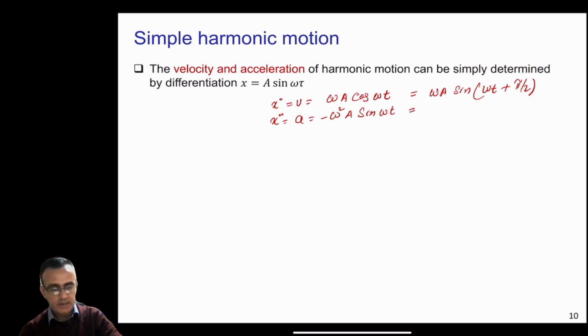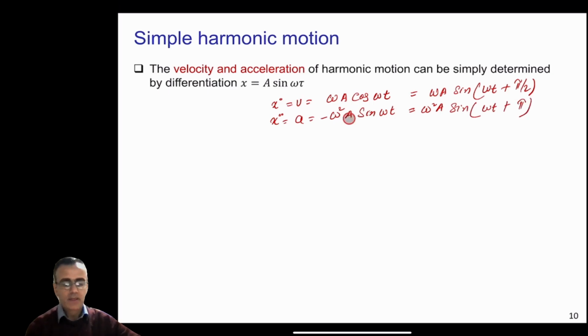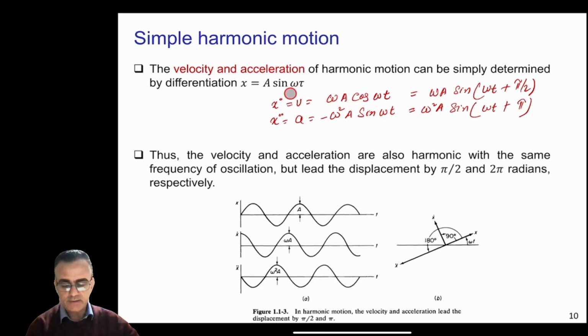And similarly, in this equation, minus sine omega t is just equal to sine omega t plus pi. So this means that the velocity and acceleration are also harmonic, because the displacement is harmonic, and we can represent these by just sine theta or cosine theta.